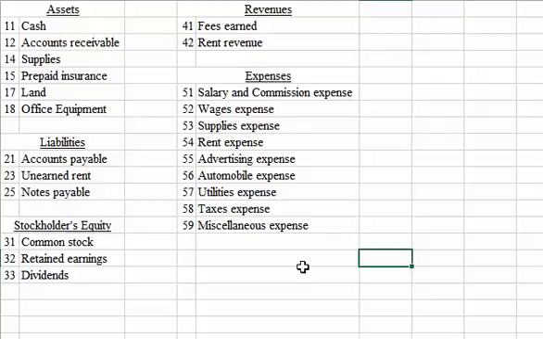Also, you'll need to commit to memory our system of debits and credits. Now, going into the course, you probably have a definition in your mind already of the word debit and of the word credit. You might think of credit as related to a credit card or receiving credit for something. If you look at it from a bank statement perspective, you might think of it as deposits into a checking account.